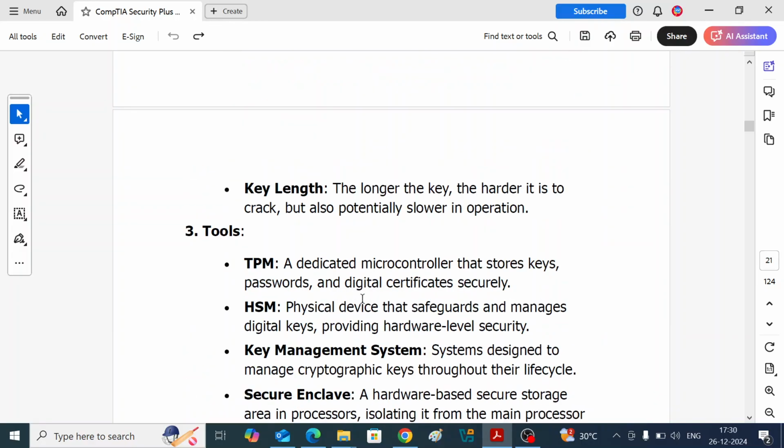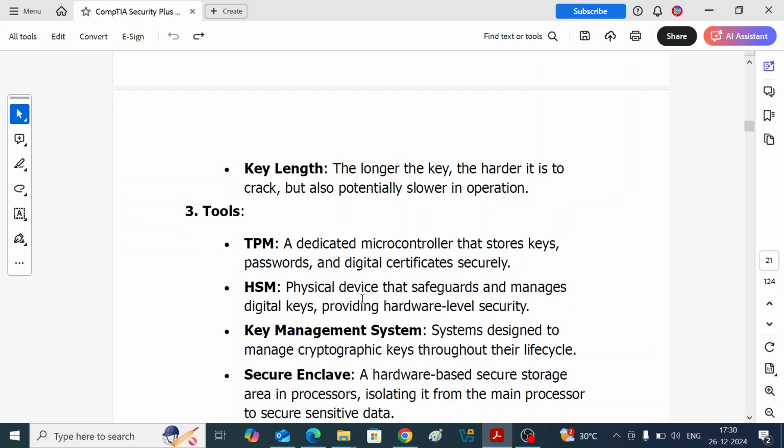So key length: what should the key length be? You encrypt the data with a key. Some people call it a password, but it's not really a password. In the encryption field, it's called a key. But it's almost the same understanding. It's not a different understanding. So key length: even if you log into your computer, the Windows operating system, you enter the password.